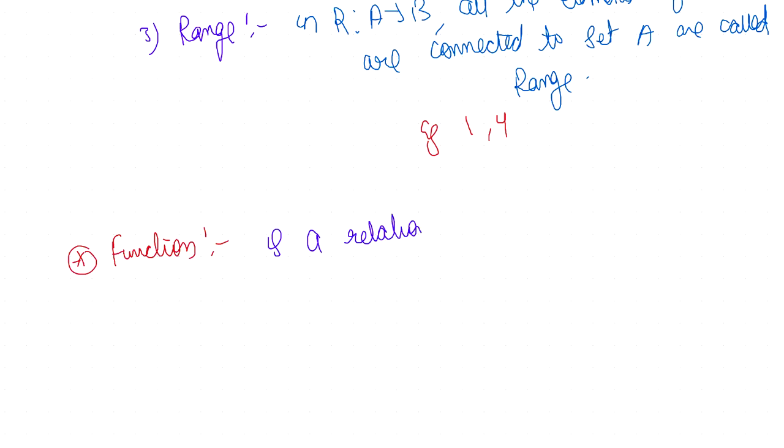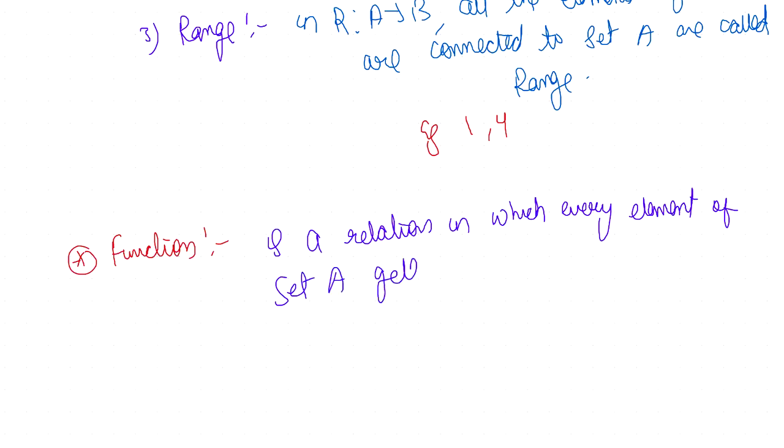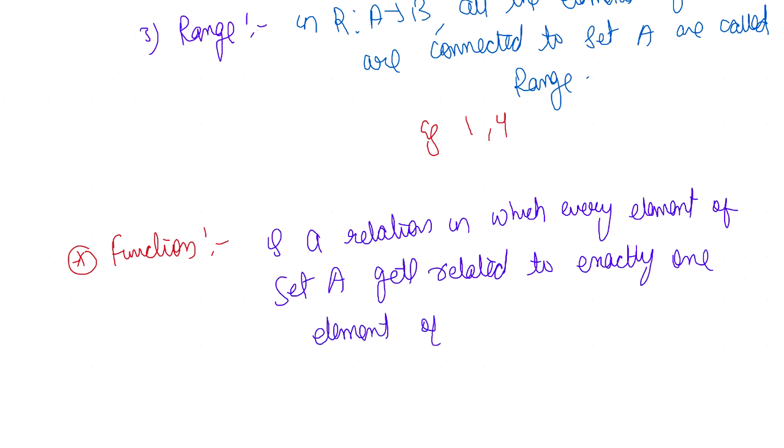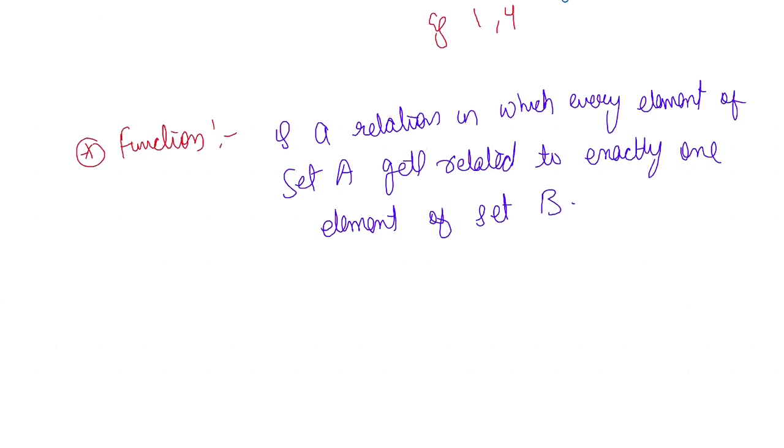Function is a relation in which every element of set A gets related to exactly one element of set B. And how is it written? जैसे हम relation को लिखते थे, we can write function. ठीक है?